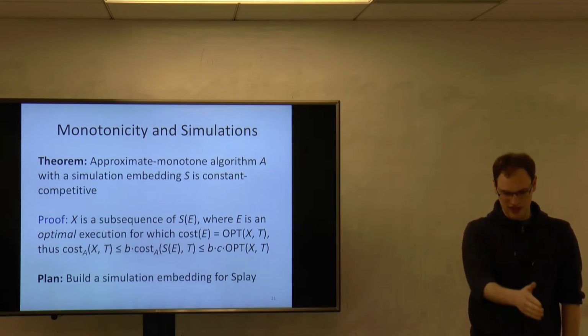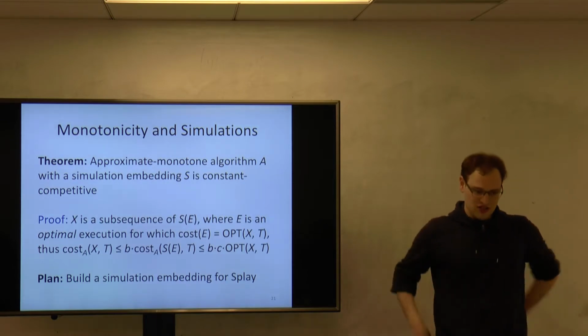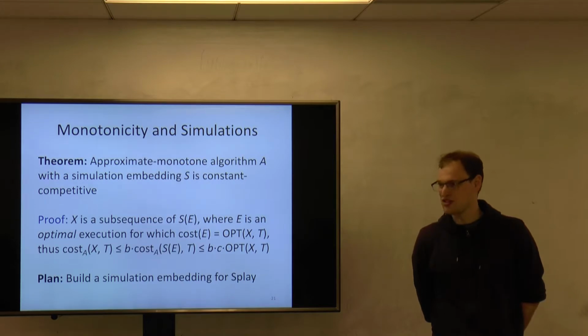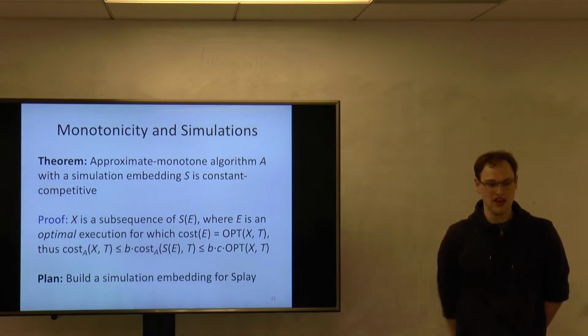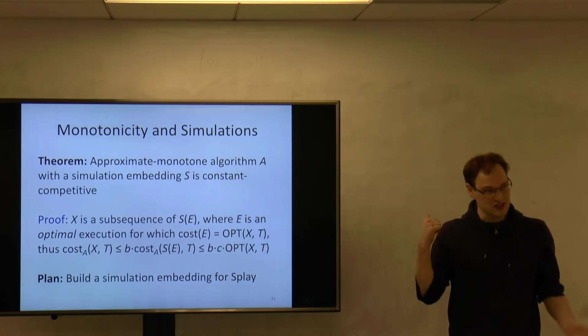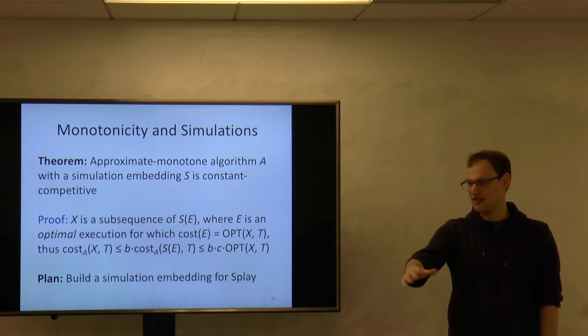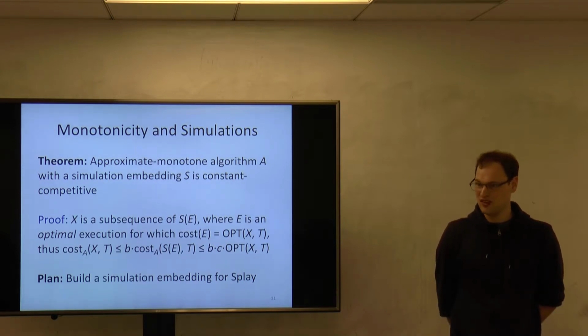So if the algorithm is approximate monotone, then the cost of executing x is upper bounded by the cost of executing the simulation, which is bounded by the cost of some optimal execution. So all we need to do is build a simulation embedding for Splay, and we get approximate monotonicity implies optimality. Is the argument clear?